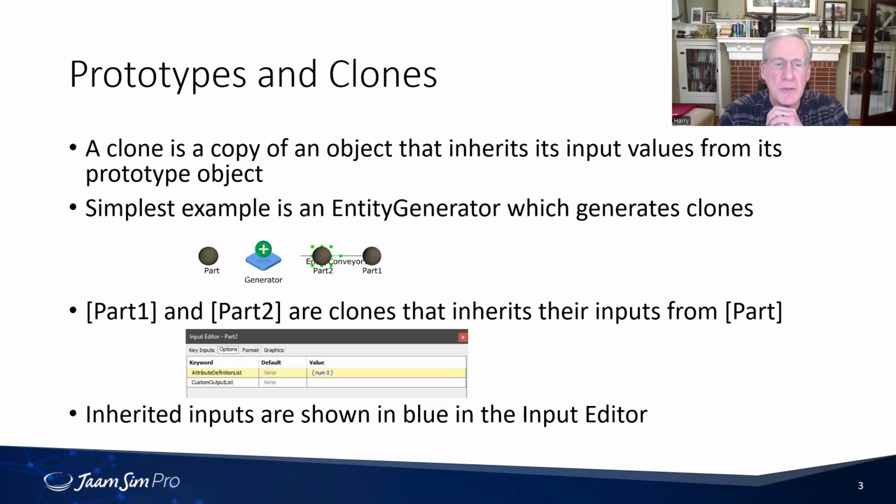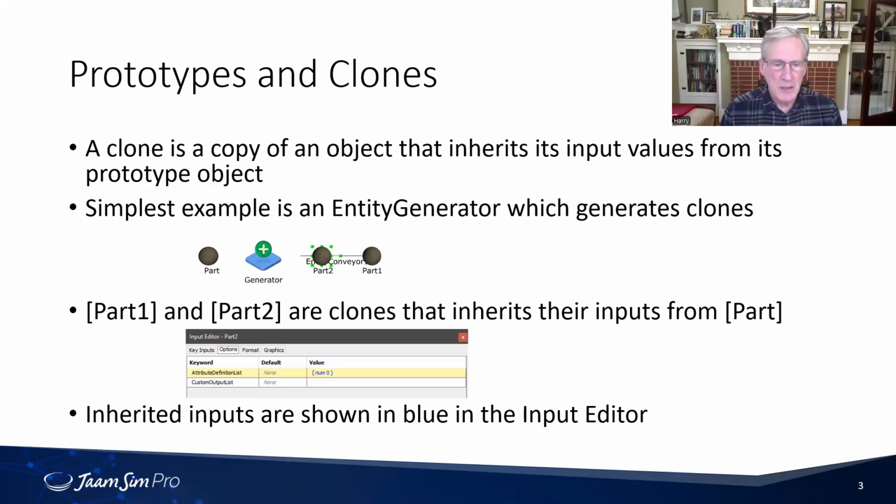The simplest way to see this is the entity generator. The entity generator creates copies of its prototype input. In the little example I've shown here, there's the entity generator, and it's creating copies of part. But in fact, it's not creating copies anymore. It's creating clones, and a clone is like a copy, except that its inputs are linked to the inputs of its parent, its prototype.